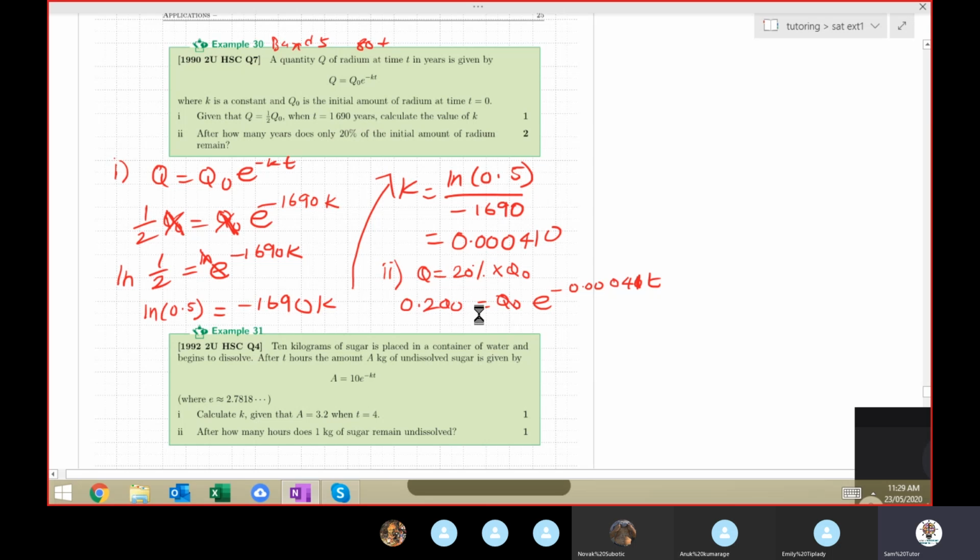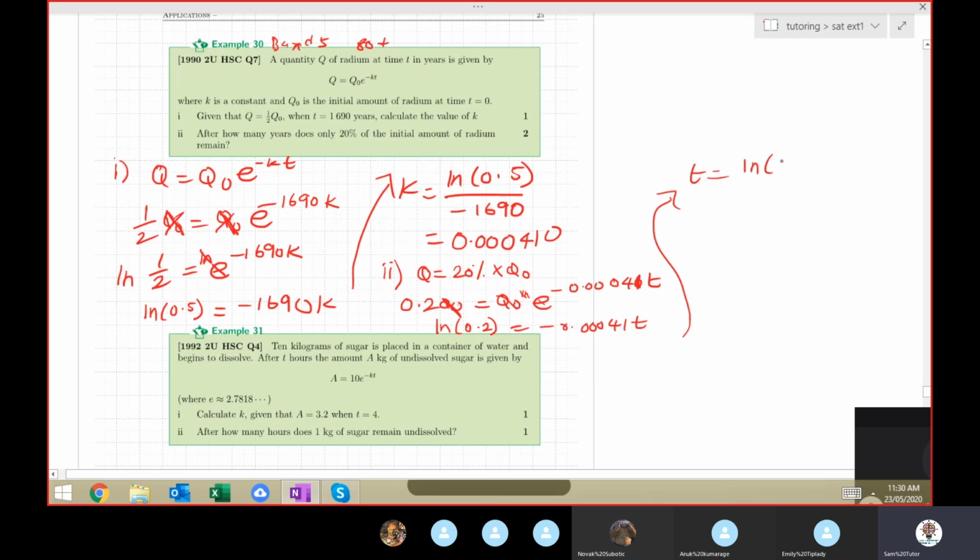Get rid of Q naught. Log both sides, so it's exactly the same. This guy comes down, and this guy comes down. Negative 0.00041 T. And then how do I find time?